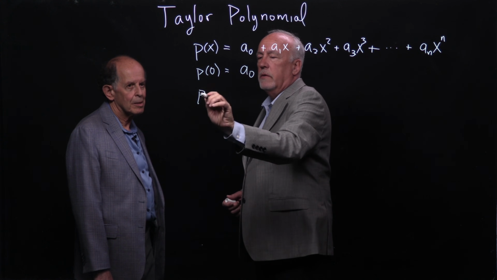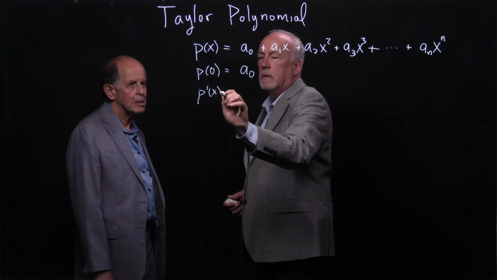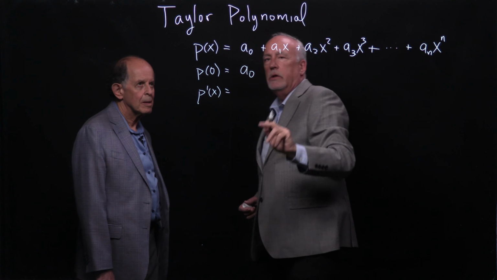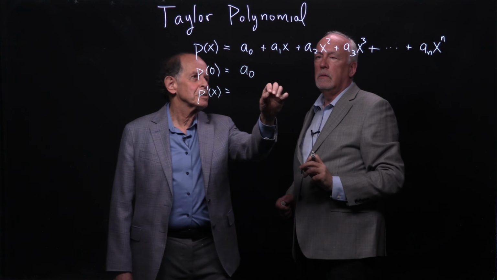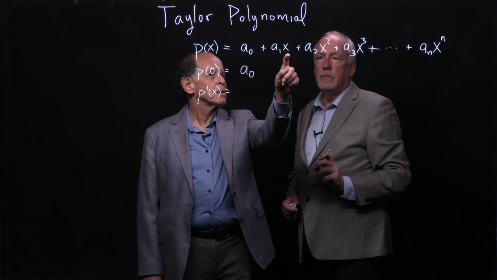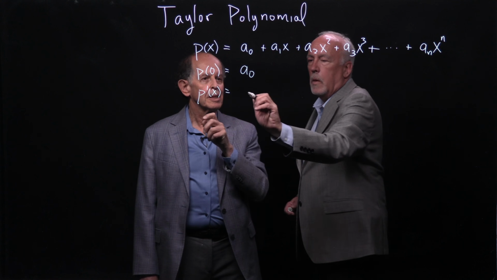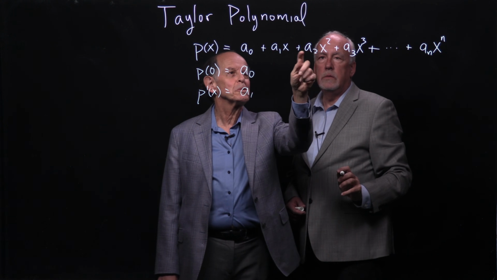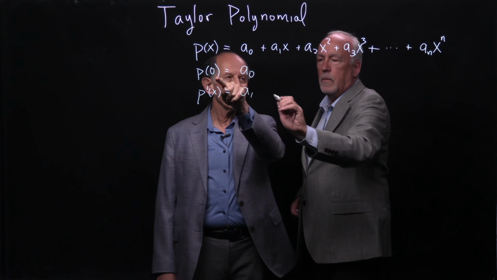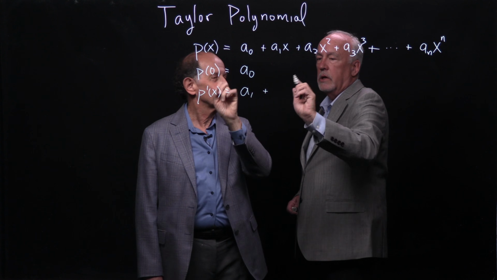If I compute the derivative at x, I have to look back a line. Can you tell me the derivative of this guy? Yeah, so this is a constant, and the derivative of a1x is a1. And the derivative of this one is 2a2x, but we're evaluating at 0. Let's not evaluate it.